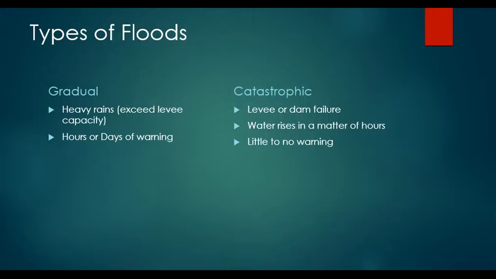The other type of flooding is in a catastrophic event where there is little to no warning before the flooding event. An example of this type of flooding would be if there were a dam failure or a levee failure. This would cause water to surge through the city. Although these types of events could occur, the city of Sacramento has some solutions to protect its citizens.